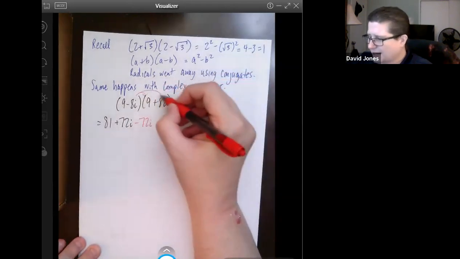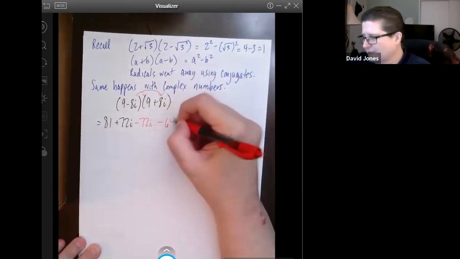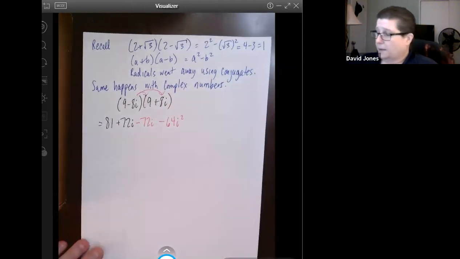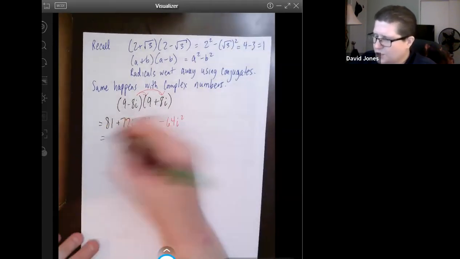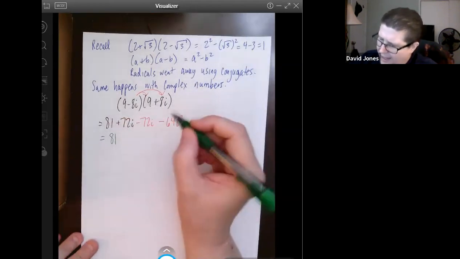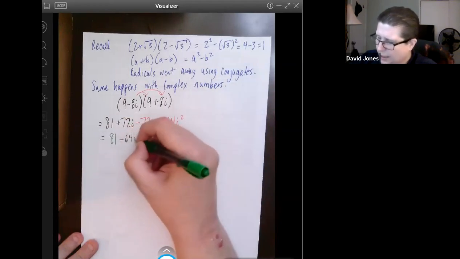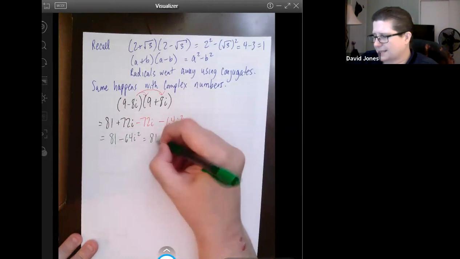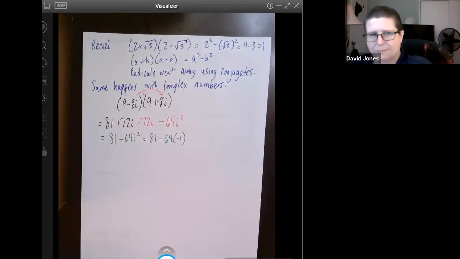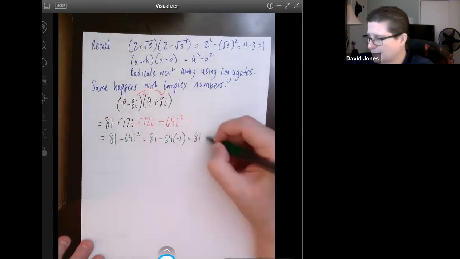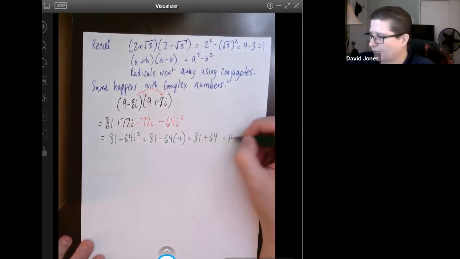And then negative 8i times positive 8i is negative 64i squared. The i terms, 72i and negative 72i, cancel themselves out. So I've got 81 minus 64i squared. But I can replace that i squared with negative 1. So I've got 81 minus 64 times negative 1, which becomes 81 plus 64, which is 145.